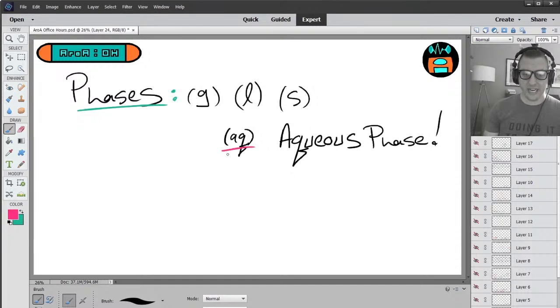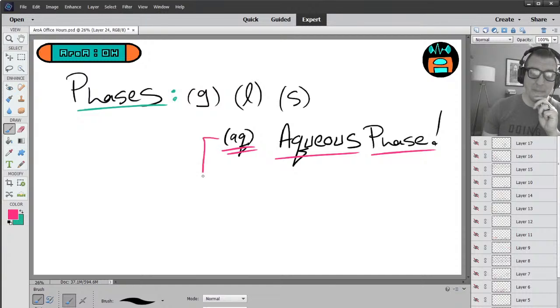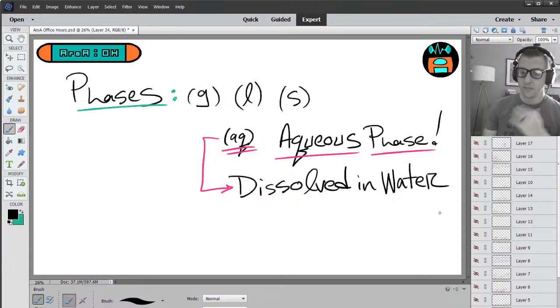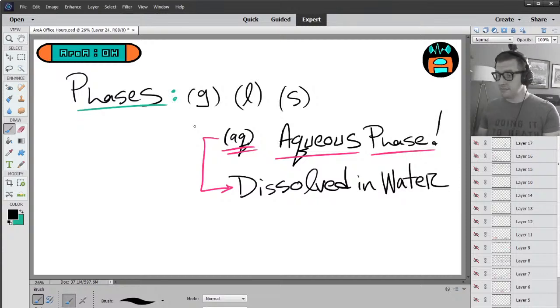And when something's in the aqueous phase, that means that compound, that chemical, is dissolved in water. All right, dissolved in water. That's what it means to be in the aqueous phase. So the aqueous phase shares a lot in common with the liquid phase because it's literally a substance that's been dissolved in water. So it's in the liquid phase.